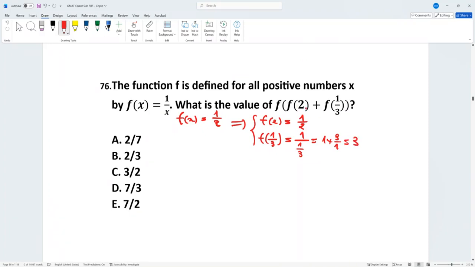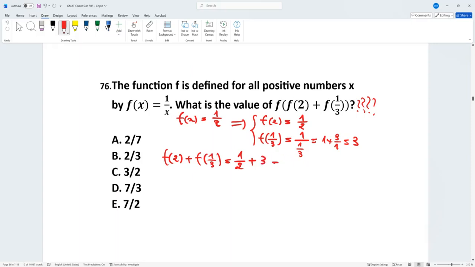Before we find the final value, we first need to find f of 2 plus f of 1 over 3. So f of 2 plus f of 1 over 3 is equal to 1 over 2 plus 3.